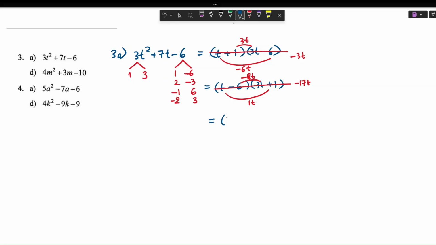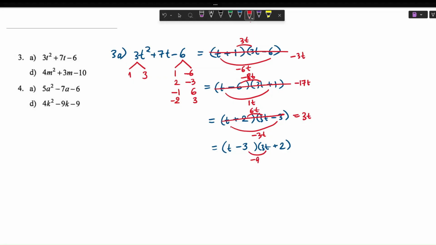Now let's try 2 and negative 3. So you'll notice you get 6t and negative 3t. This, you get positive 3t, so that's not what you wanted. Let's try it the other way now. What about negative 3 and positive 2 instead?